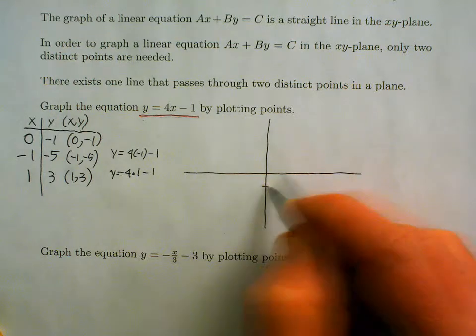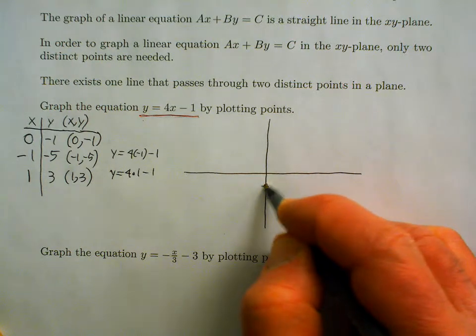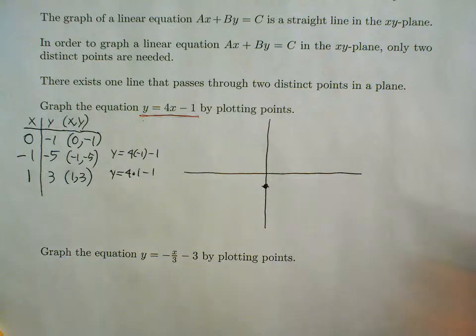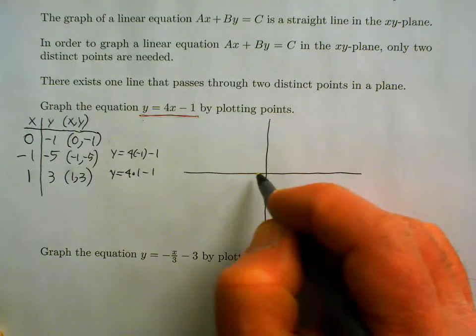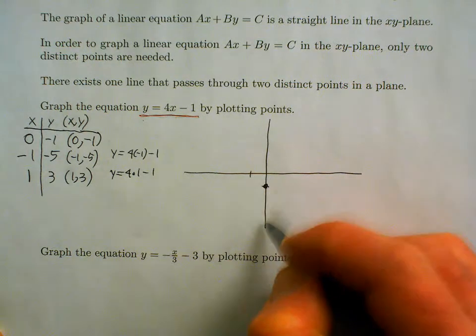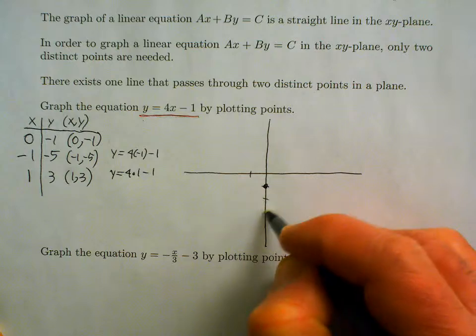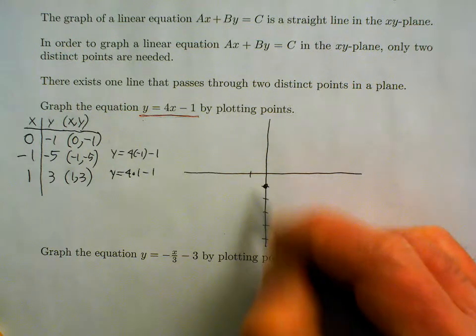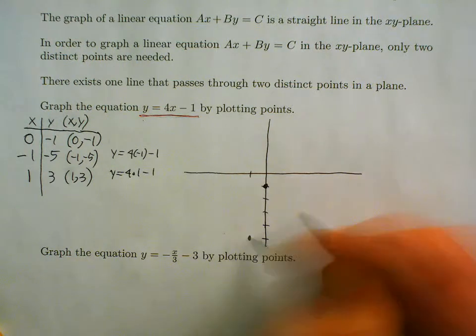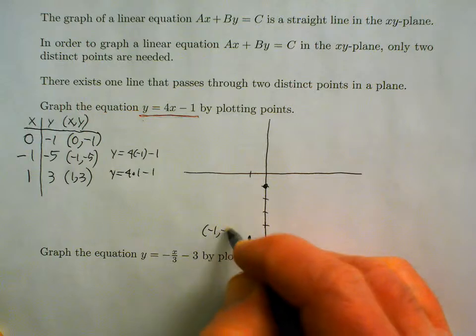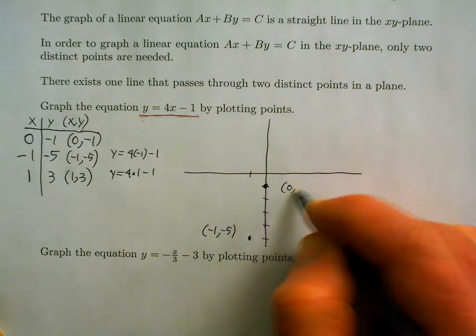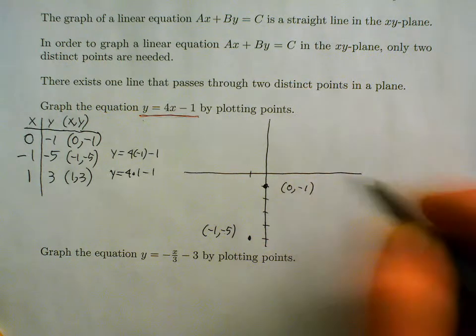So 0, negative 1. Negative 1, negative 5. And 1, 3.